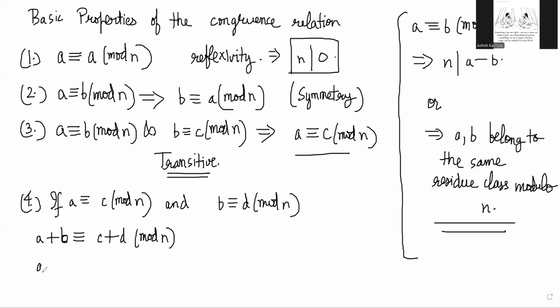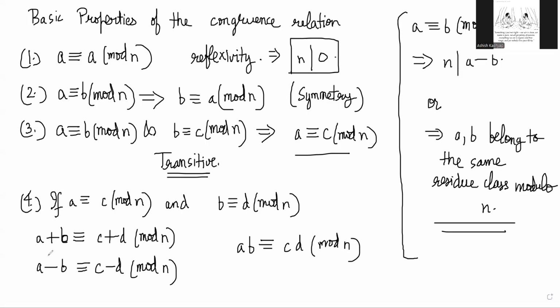We can also say A minus B is congruent to C minus D mod n. And we can also say AB is congruent to CD mod n. We cannot say in a guaranteed way the division rule. We can say it for addition, subtraction, and multiplication.